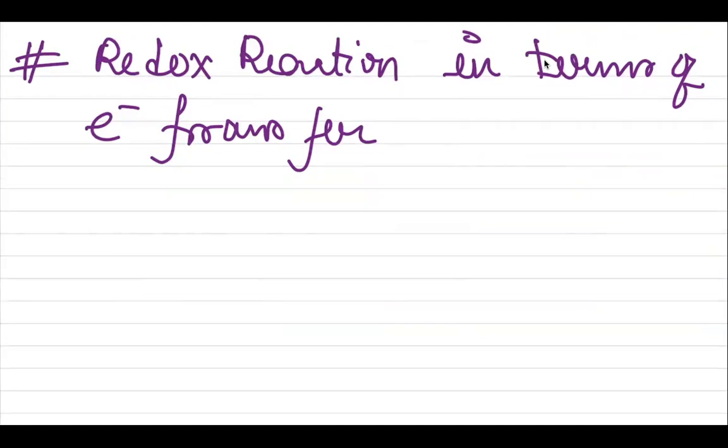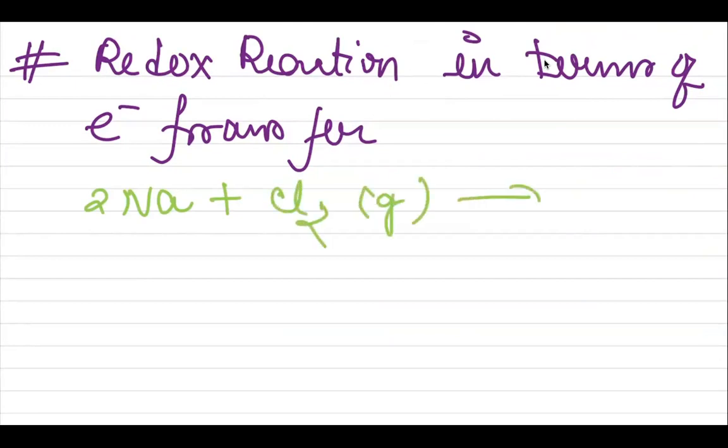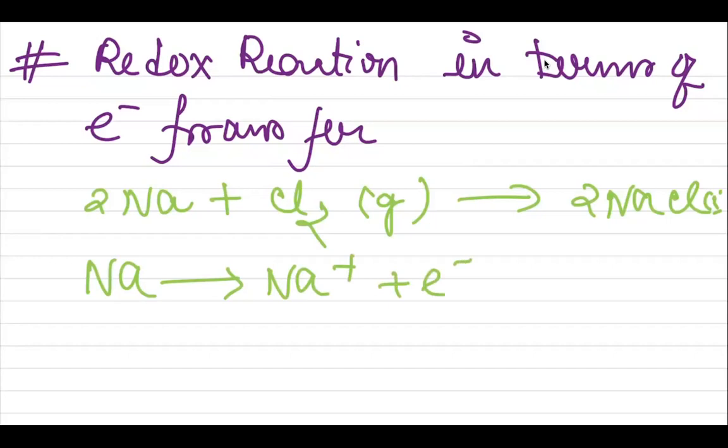Suppose 2 sodium is reacting with chlorine gas, it forms 2 NaCl, solid obviously. Now here Na to NaCl, what happened? Sodium forms Na plus and removes one electron. So removal of electron means oxidation, and this is a half reaction, so it is known as oxidation half reaction.